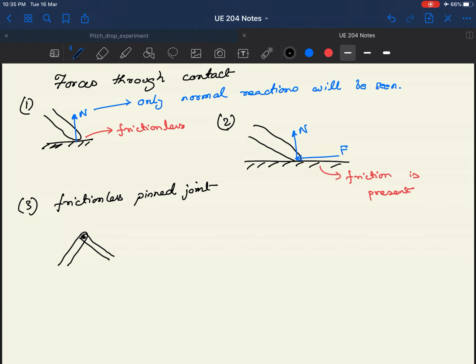Let's say, and this is the pinned joint. Okay, so this is the joint. If this is frictionless, then there will be a force that passes right through the pin.